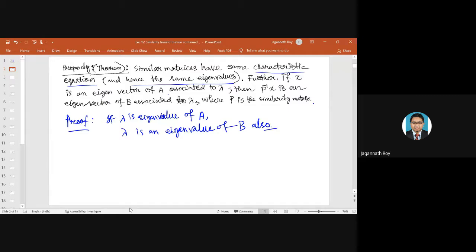Now the question is about the eigenvector corresponding to this lambda. If the eigenvector for A is X, then the eigenvector corresponding to this lambda for the other matrix will be P inverse X. So let us try to understand how this theorem can be proved.